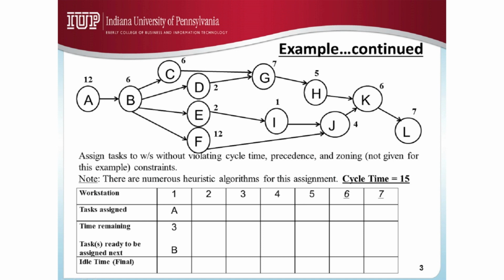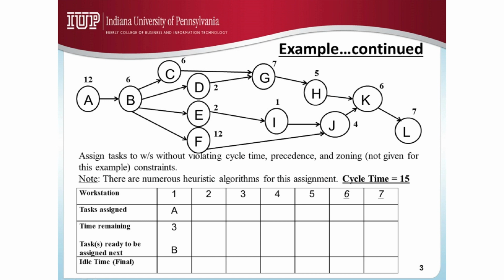A is the first task. Let us assign that to workstation 1. How long does it take? 12 minutes. So how much time is remaining in workstation 1 for further assignments? 3 minutes. Why? The cycle time is 15. 15 minus 12 is 3. Now the tasks that are ready to be assigned next.